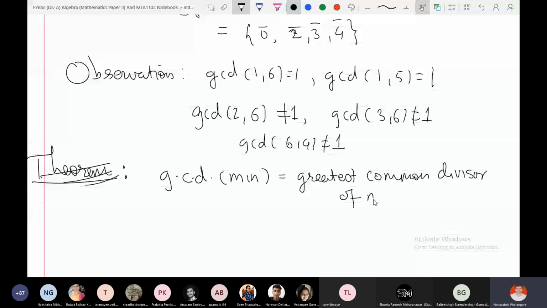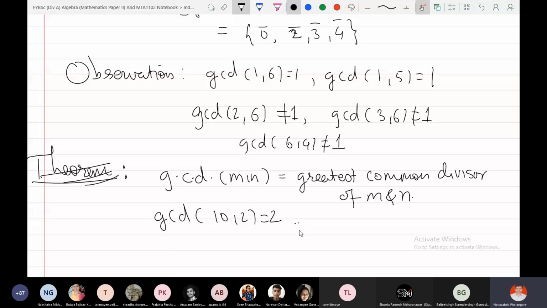For example, GCD of 10 and 2 is 2, right? And you did this in 5th standard. GCD of 12 and 6 is 6, right? So you can understand GCD.